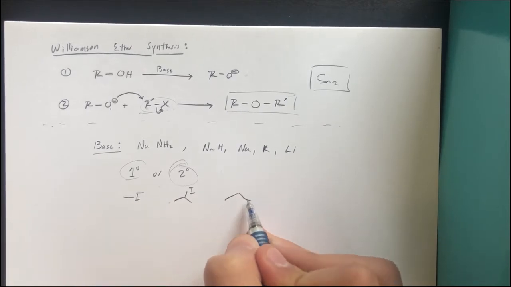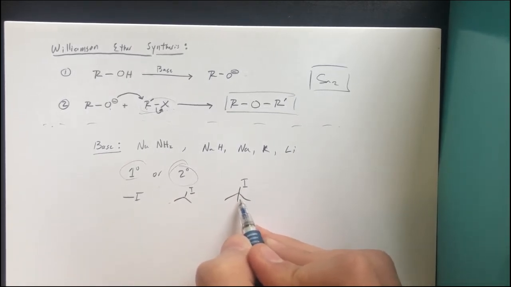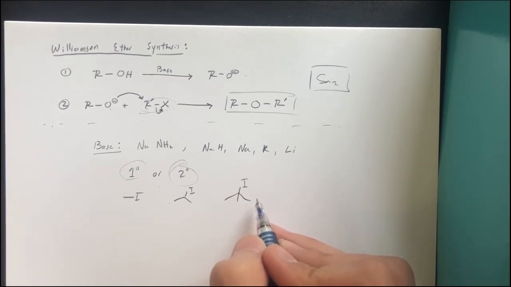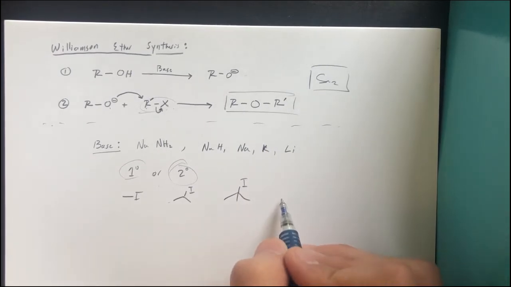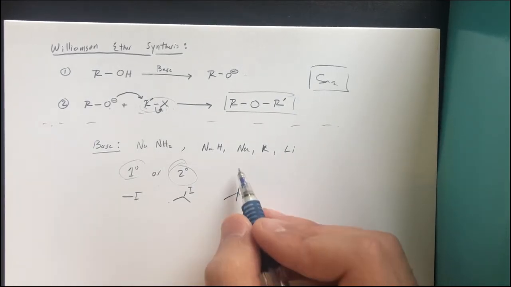If it's a tertiary alkyl halide, it would just do an E2 mechanism and eliminate, making a double bond instead of doing a backside attack. If you remember from the SN2, SN1 stuff, that whole spiel.